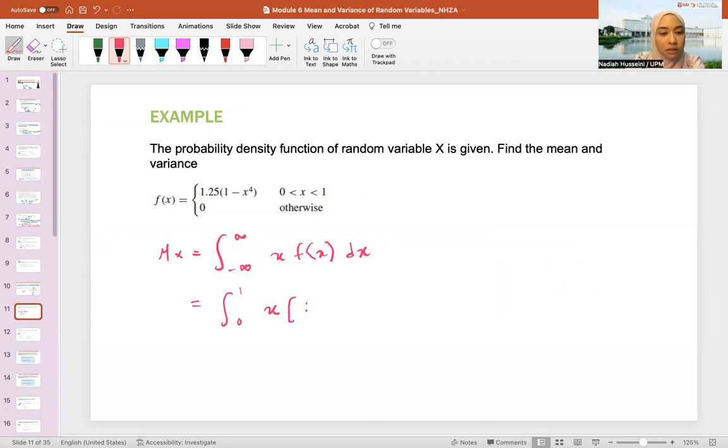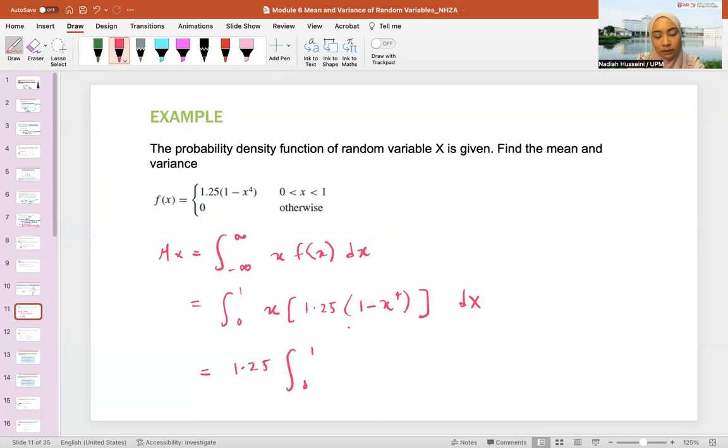So our function fx is 1.25 times 1 minus x to the 4 dx. We integrate it with respect to x. 1.25 is a constant. You can put it outside of the integration, or you can just leave it there. I'm going to put it outside.